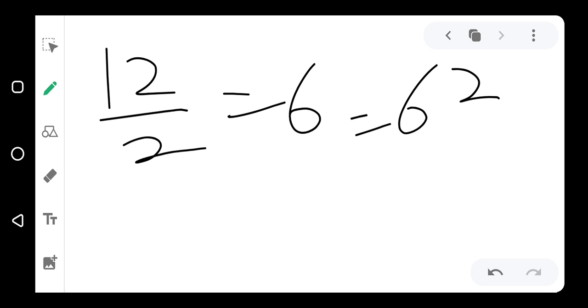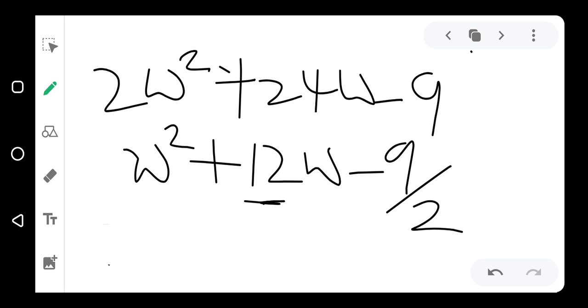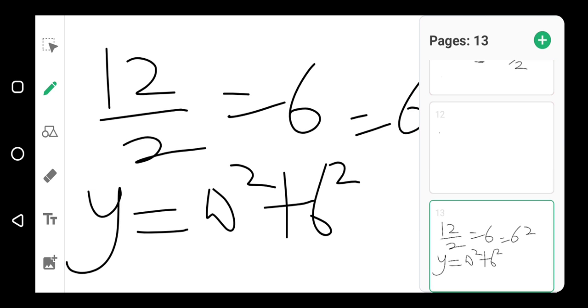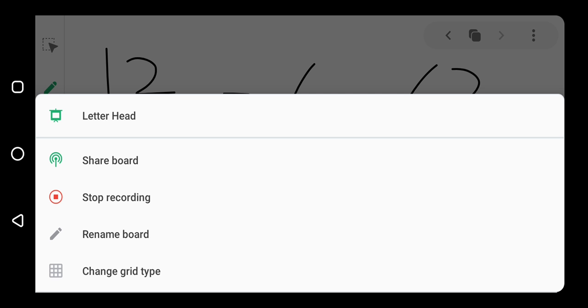Now we put 6 squared plus and minus 6 squared, and the expression I have is y equal to w squared plus 6 squared, then the constant that is there, minus 9 over 2.